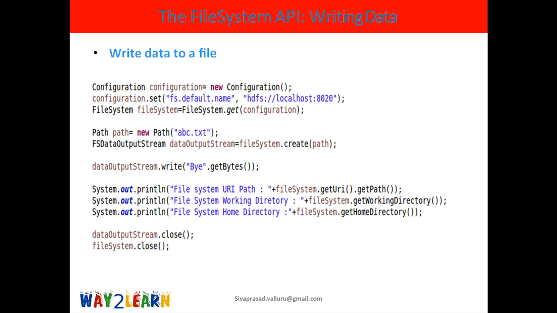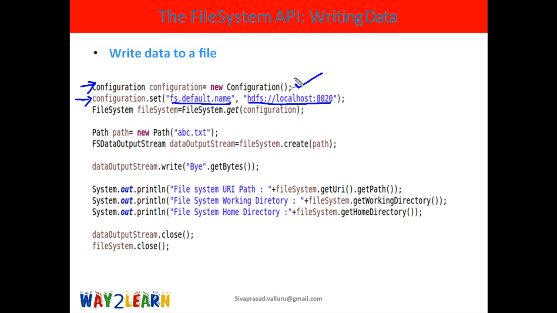See the code first. Again, I am creating a configuration object. This will load all the defaults from the configuration files. If you want to override any settings, you can of course use configuration.set. If you want to explicitly set the fs.default.name to point to some name node URL, yes, you can do it.